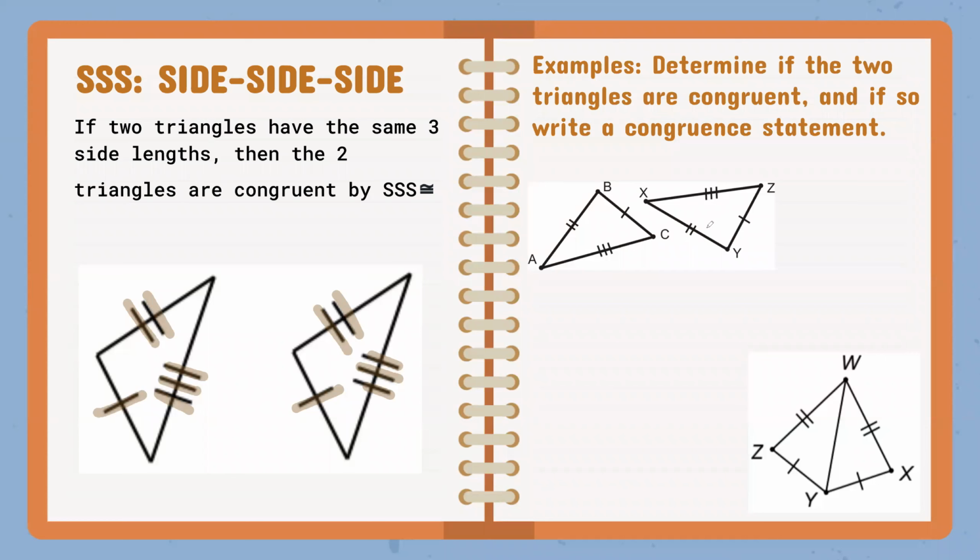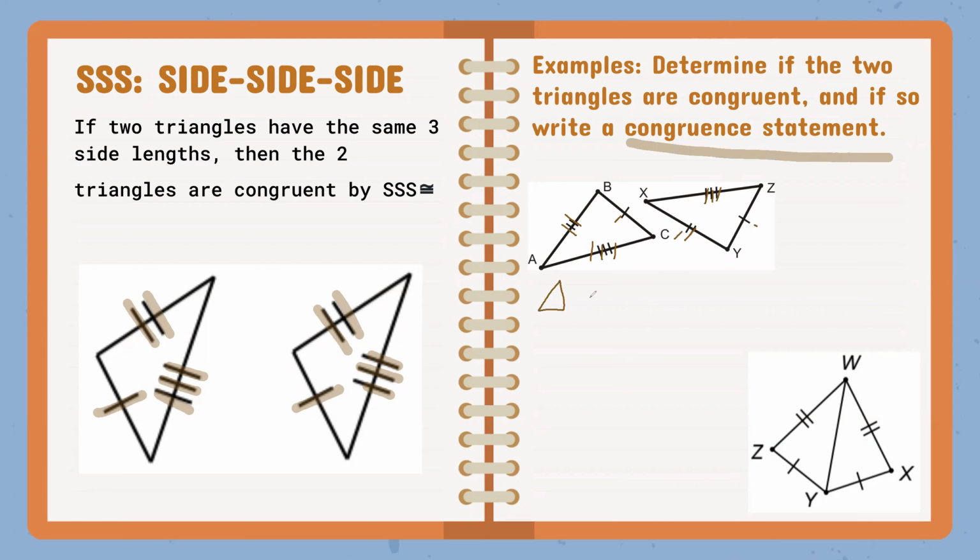Okay, so let's see if these 2 triangles are congruent, and if so, let's write a congruence statement. A congruence statement is really important. So I'm going to check if these are congruent. There's 1 side, 2nd side, 3rd side. It looks like I've got a side, side, side. So these are congruent.